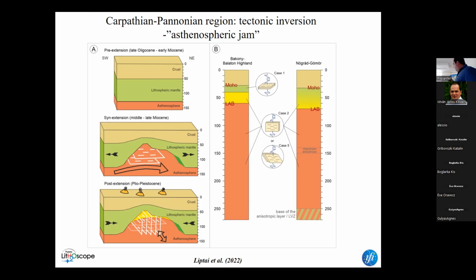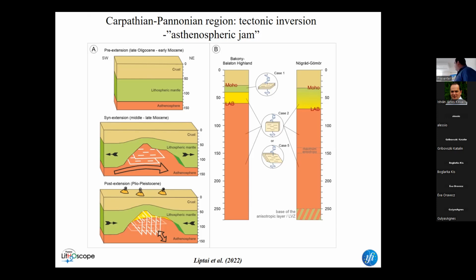And the other important thing is that we made a modeling and a calculation of how we can interpret these SKS data in terms of the xenolith EBSD data and lattice preferred orientation.